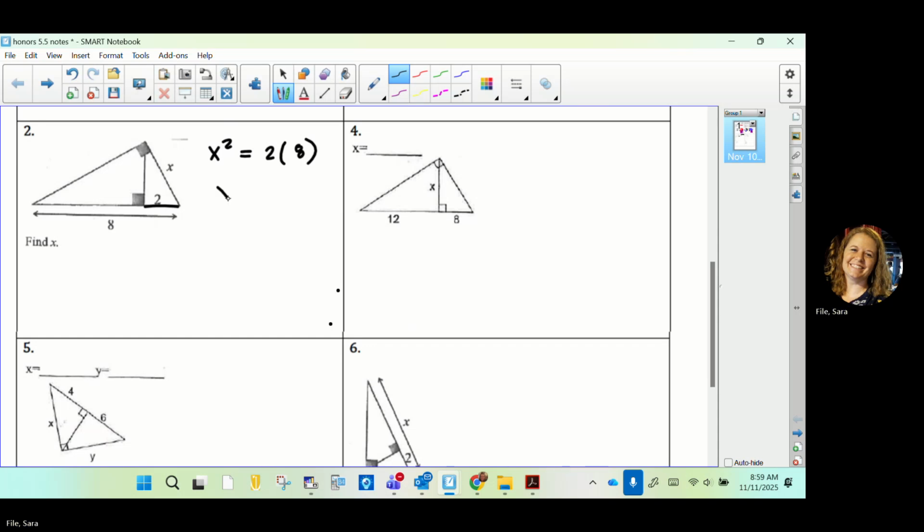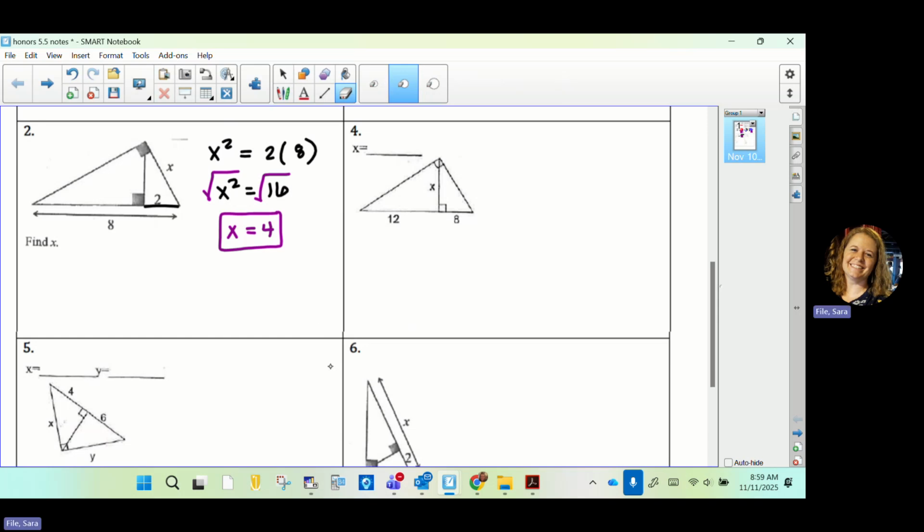Okay. So then I take the square root. So essentially this geometric mean, whether it's the leg rule or the altitude rule, is like a shortcut to what you were kind of talking through, John.